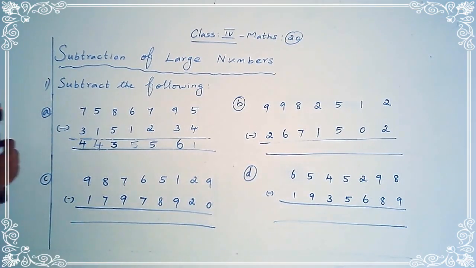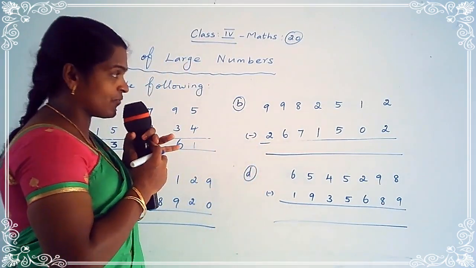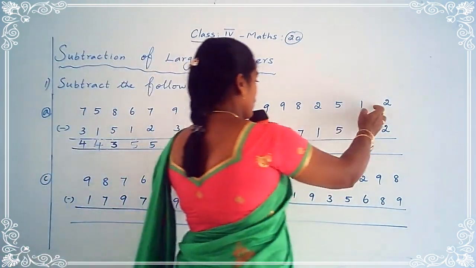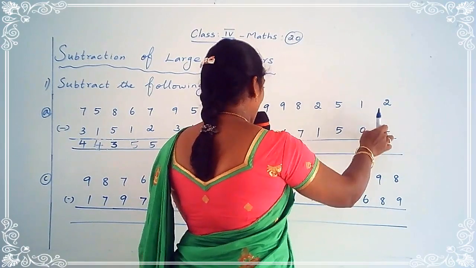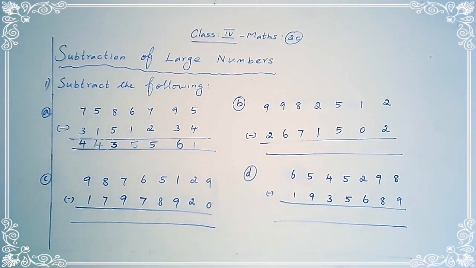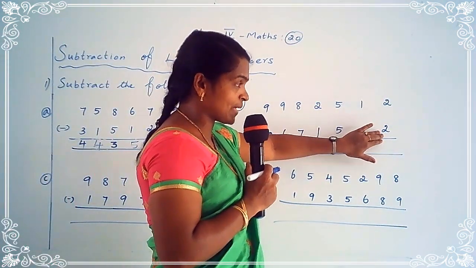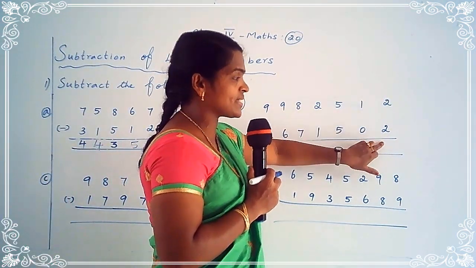Yes. Now you come to the second sum, the B part. We start subtraction from the ones place. Here the ones place has 2 and 2. Minuend and subtrahend are the same. When the minuend is the same as the subtrahend, the difference is 0. That is one of the rules.